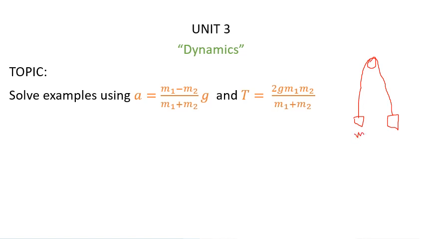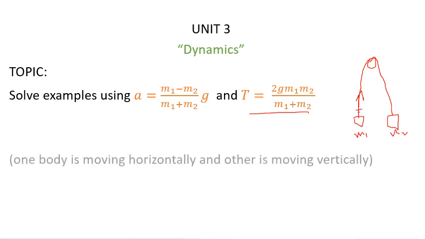So this is, let's say, m1 and this is, let's say, m2. So we will solve problems like this, and this is the formula for finding the tension in the string, right?